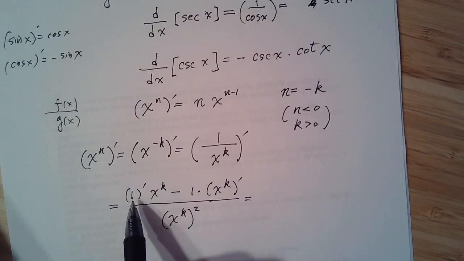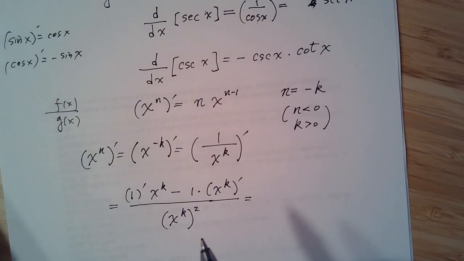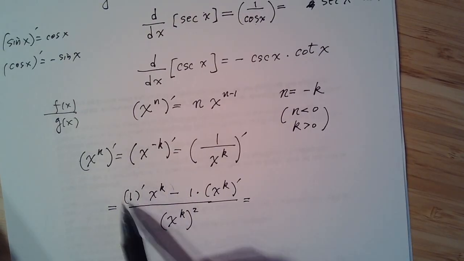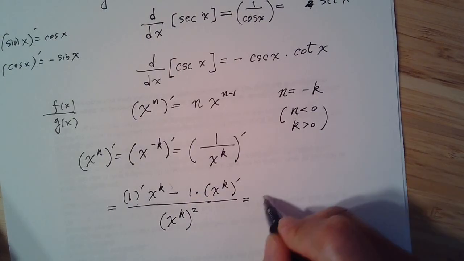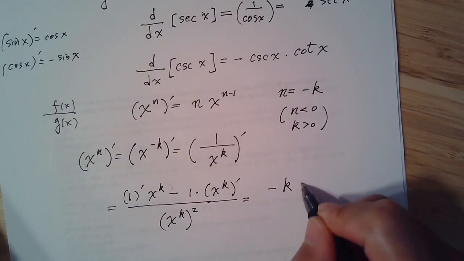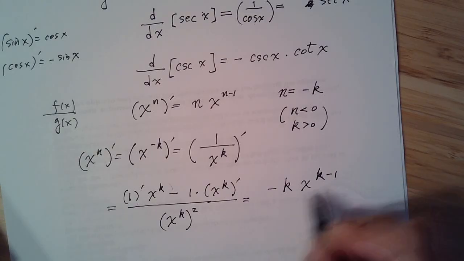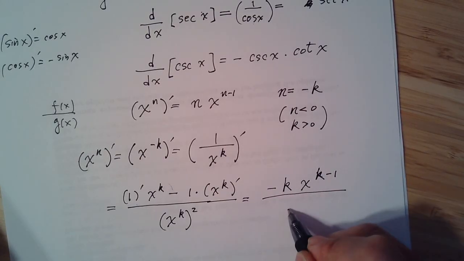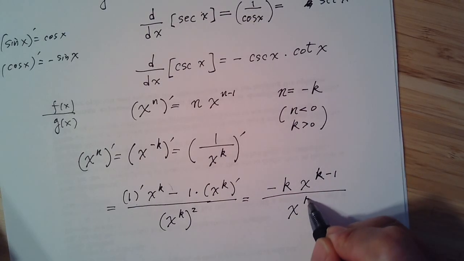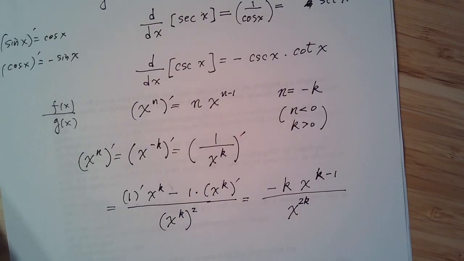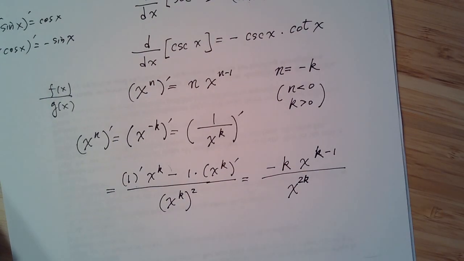The derivative of 1 is 0, because for any constant, you take the derivative, you get 0. So the first part is 0. And then you bring k to the front. So it's going to be negative k x to the k minus 1, over x to the 2k.